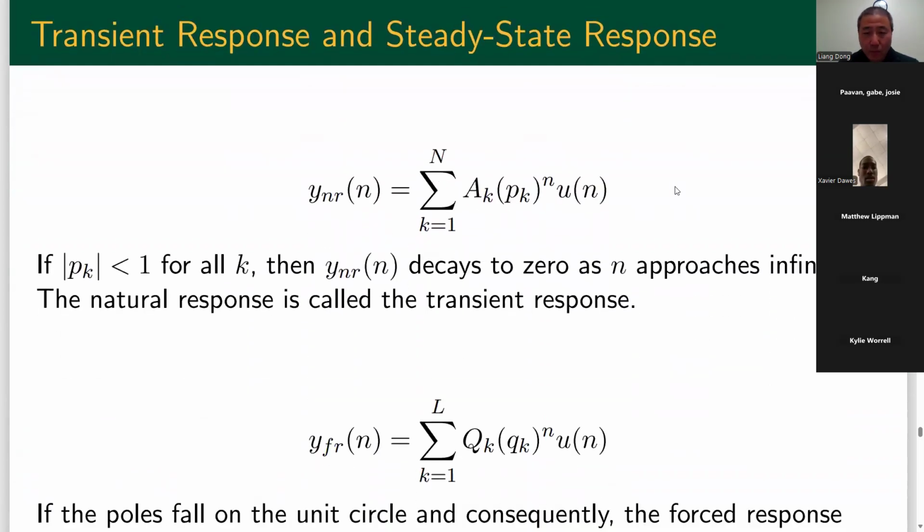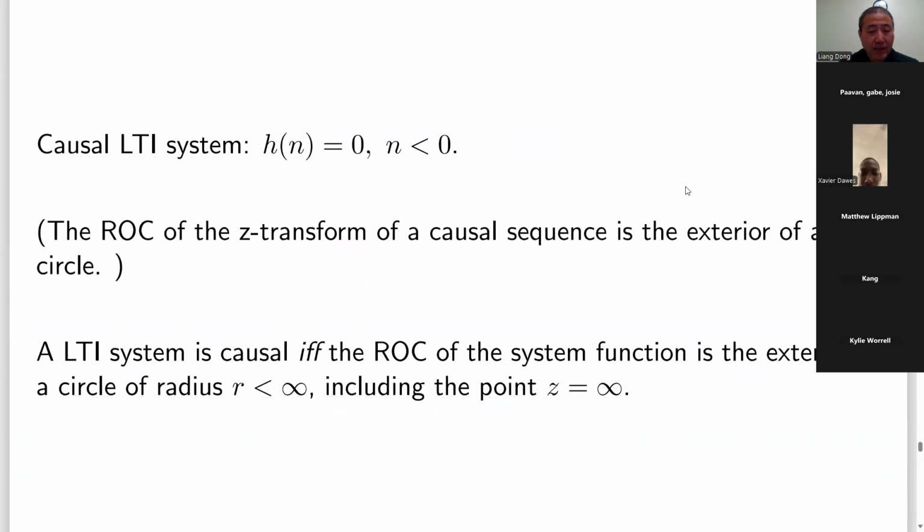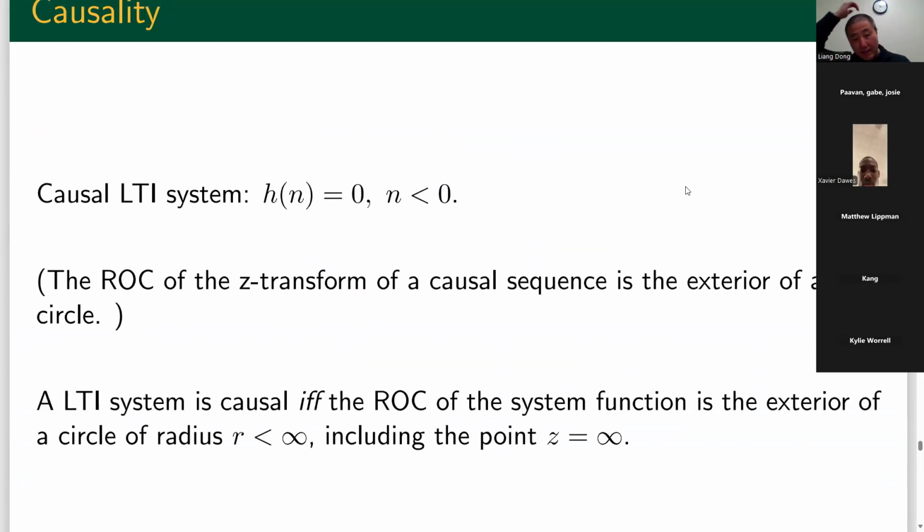And then we also paused last time at dealing with causal systems and the stability of the system. So the logic is this. If I have a causal system, my region of convergence is the exterior of a circle.